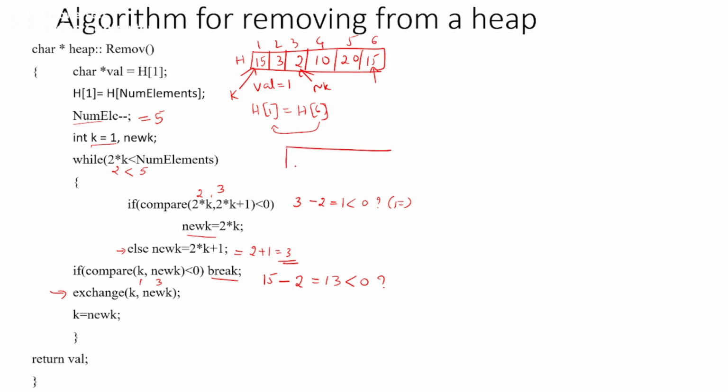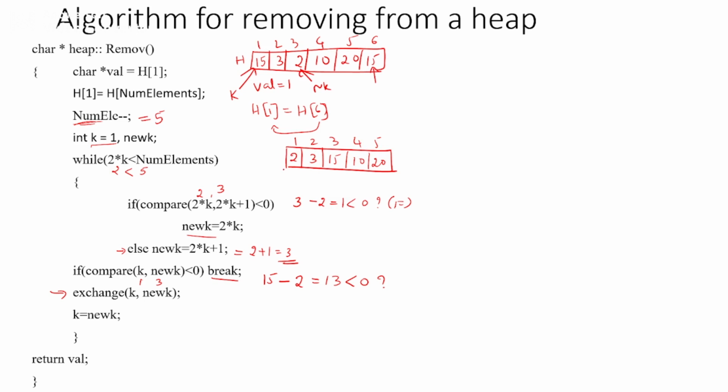Your h will be like this: 2, 3, 15, 10, 20. Now the number of elements has been reduced by 1, so you will have only 5 different values. We are just eliminating 15, the last position.